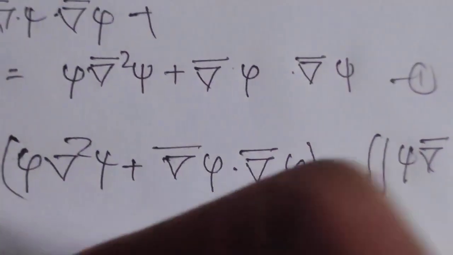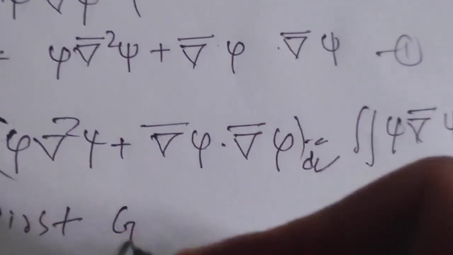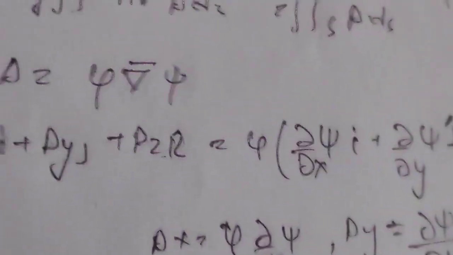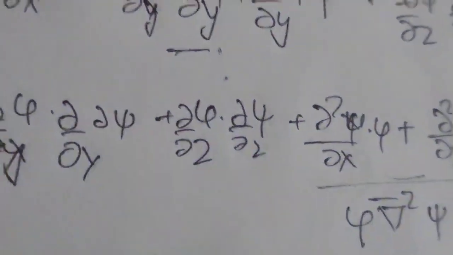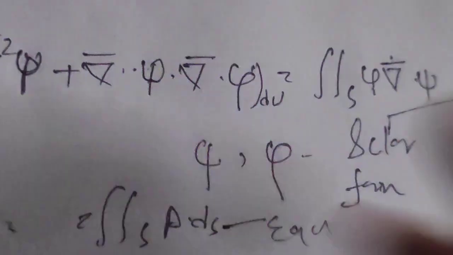So this is our first form of Green's theorem. This is the overall Green's theorem, which is very beautiful. And here phi and psi are scalar functions.